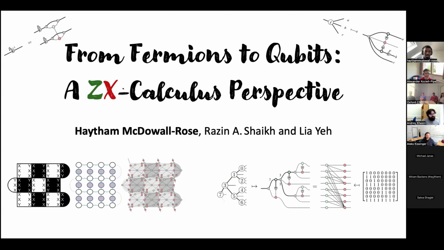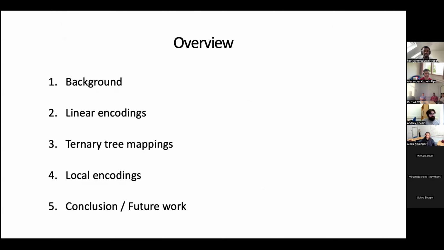The structure of the talk will be roughly as follows. I'll talk about a bit of the background, the fermionic background that you'll need to understand what a fermion-qubit mapping is. Then we'll talk about three main types of fermion-qubit encodings. We'll have the so-called linear encodings, which are sort of the simplest ones.